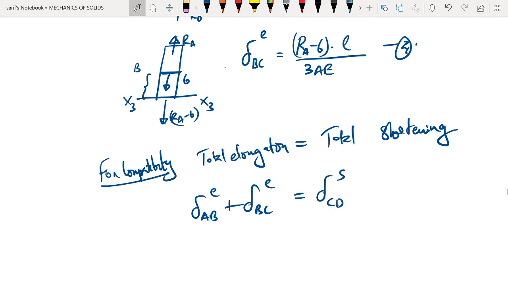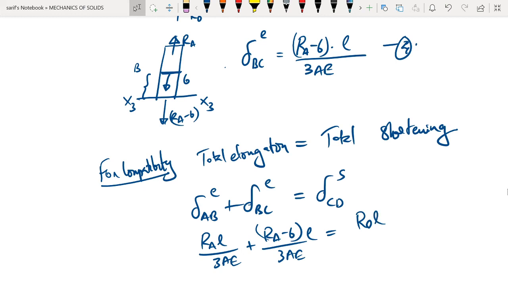So delta AB we have as RA L by 3AE, plus delta BC we have as (RA minus 6) L divided by 3AE, is equal to delta CD, which we have as RD L by 3AE.